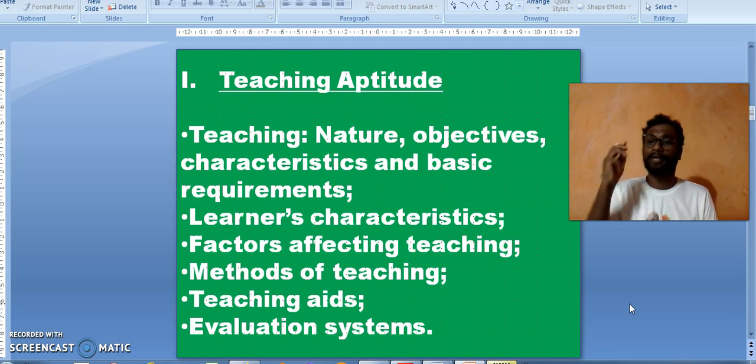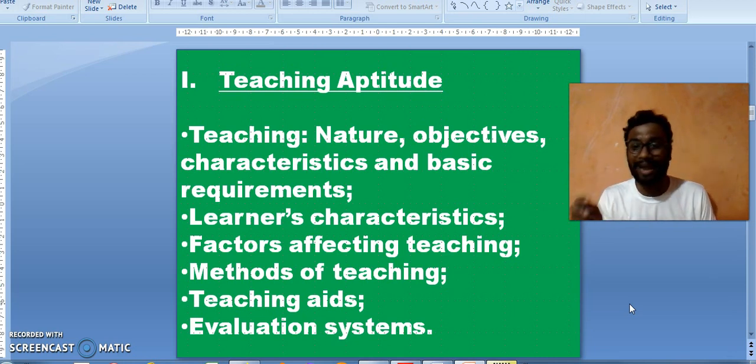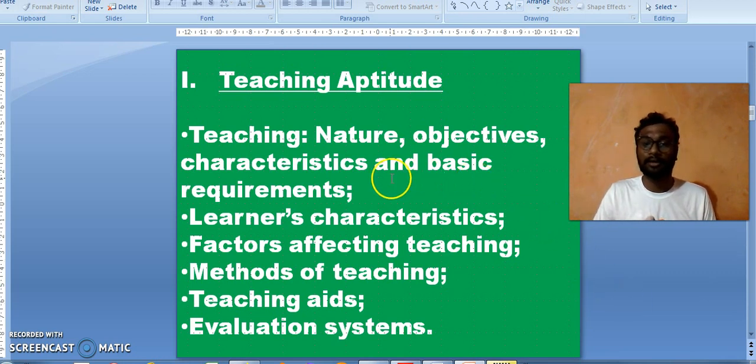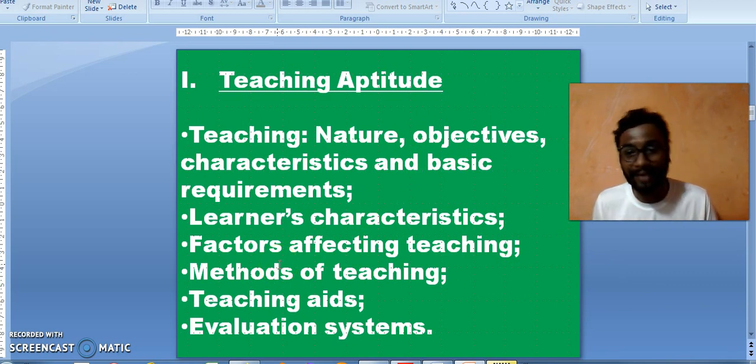All this will be covered under teaching aptitude. Again, the important topics are the nature, objectives, characteristics and basic requirements for teaching, learners' characteristics, and what the characteristics of learners are generally, factors affecting teaching, methods of teaching, teaching aids, evaluation systems, etc. I hope you clearly understood, right?